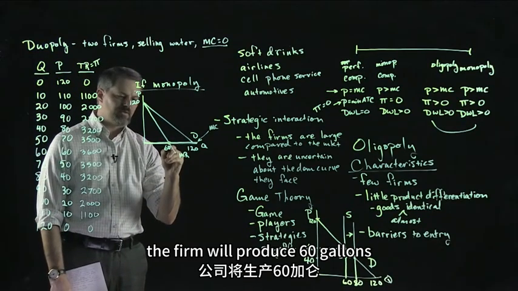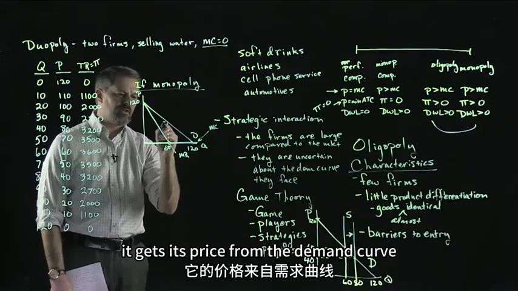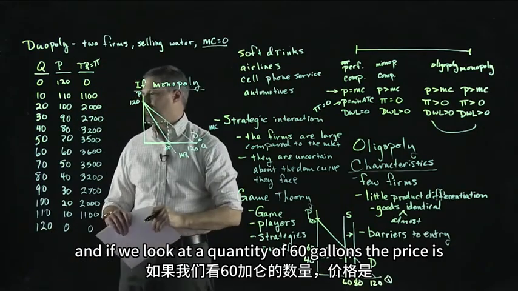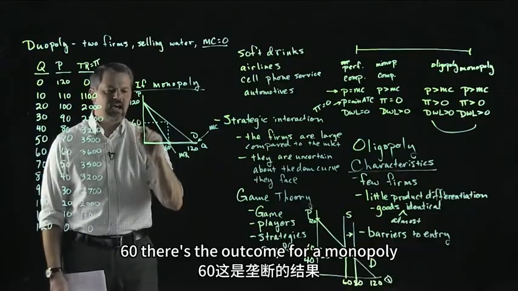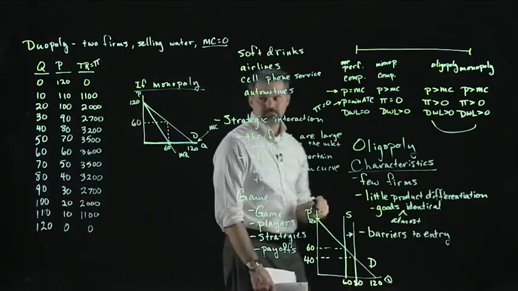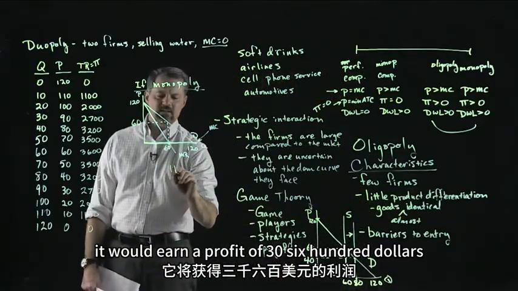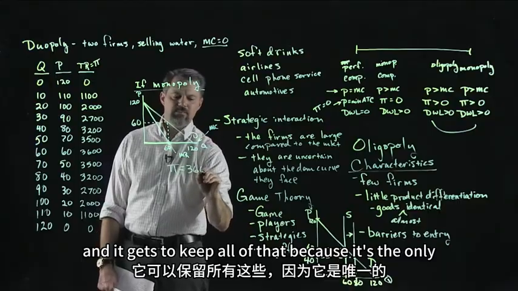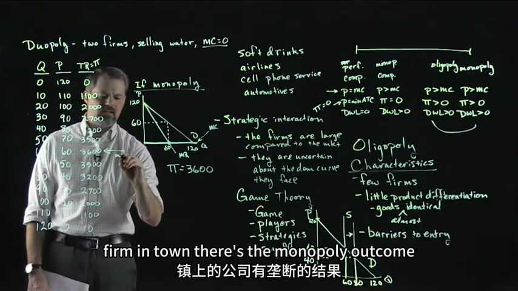The firm will produce 60 gallons. It gets its price from the demand curve. And if we look at a quantity of 60 gallons, the price is 60. There's the outcome for a monopoly. It would earn a profit of $3,600. And it gets to keep all of that because it's the only firm in town. There's the monopoly outcome.